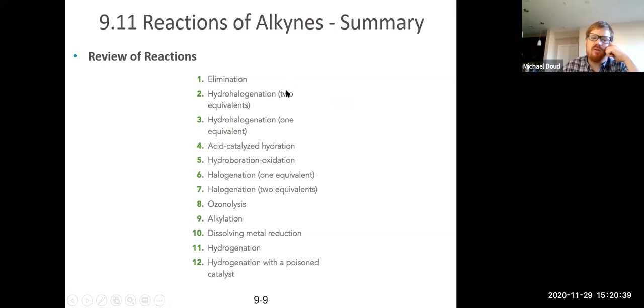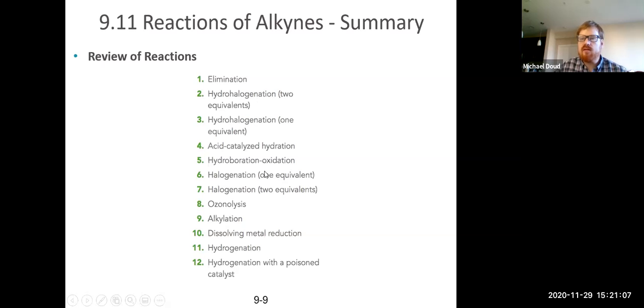So here are the reactions that you can all do. Remember, elimination to produce alkynes. Basically, di-elimination reactions occur. Hydrohalogenation can do 2 or 1 equivalent of those. We have acid-catalyzed hydration, which forms the Markovnikov product, the enol, which becomes the ketone. And then we have hydroboration oxidation, that's the anti-Markovnikov enol, which becomes the aldehyde, or it could be a ketone as well.